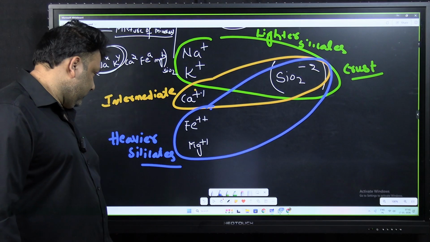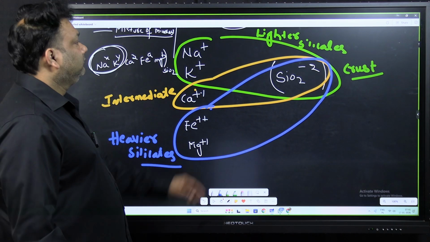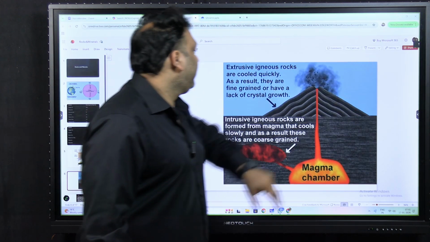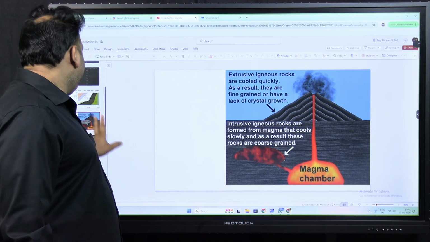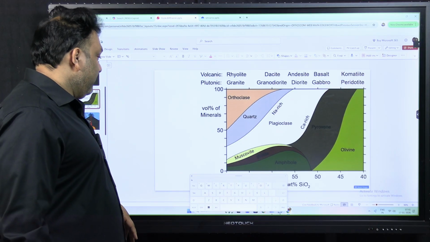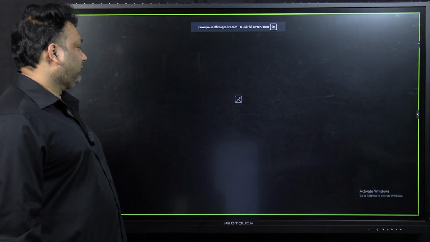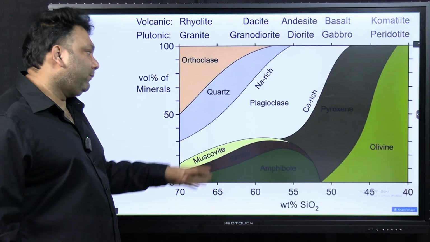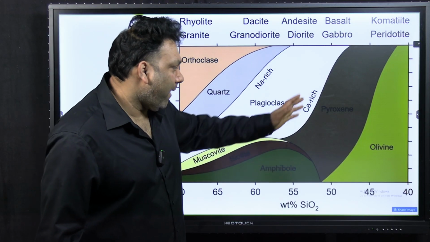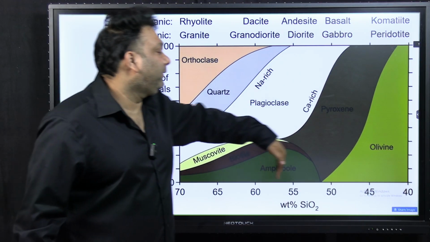And here we have seen this chaotic diagram. These are various types of minerals which are present inside the Earth: orthoclase, quartz, plagioclase, pyroxene, olivine, etc. This is the depth.